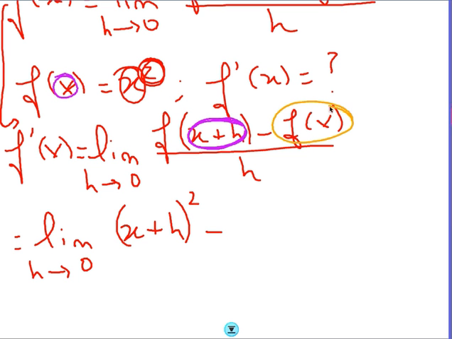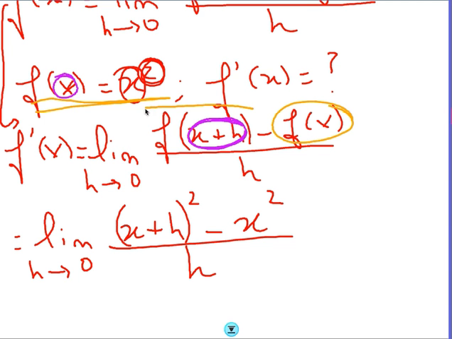Now f of x is given to be x squared, so it's x squared over h. I will repeat what I did: f of x plus h is x plus h squared, minus f of x, your given function, which is x squared, over h.